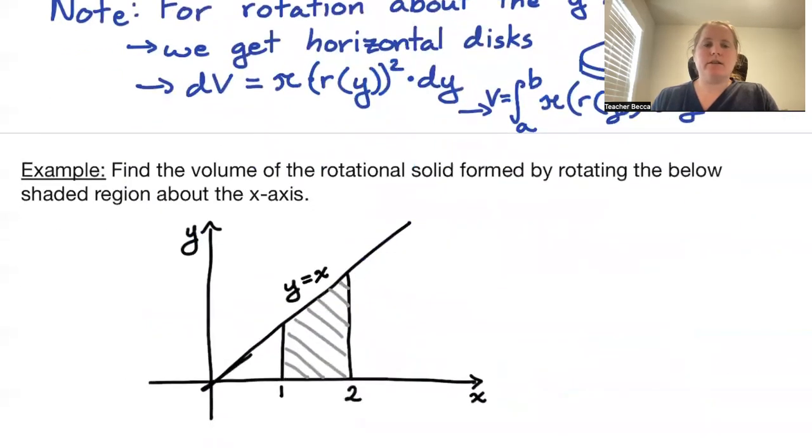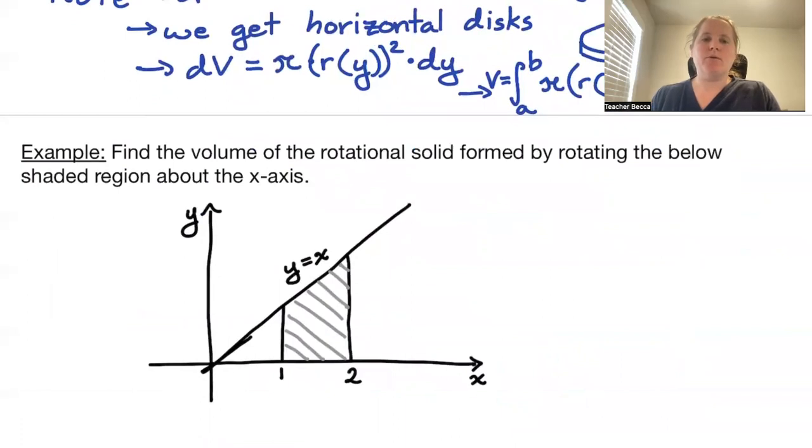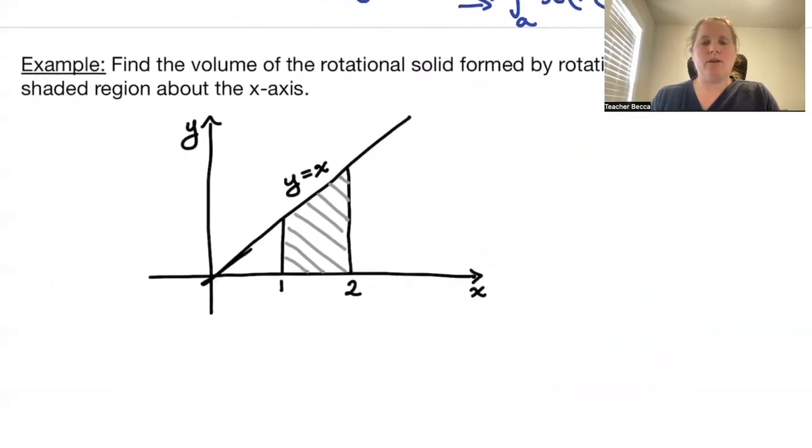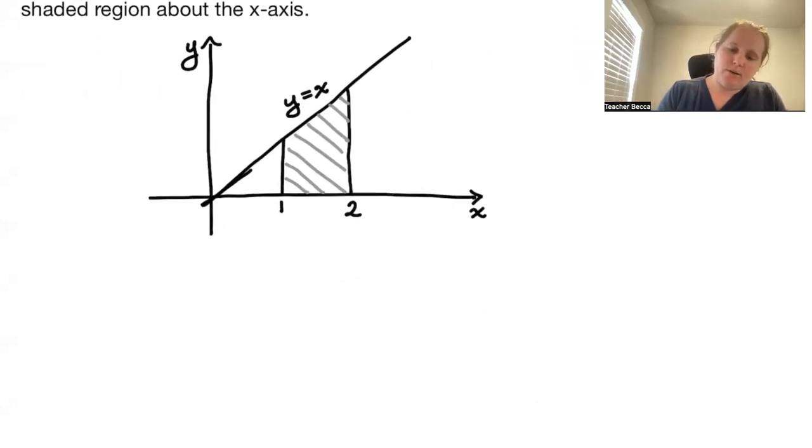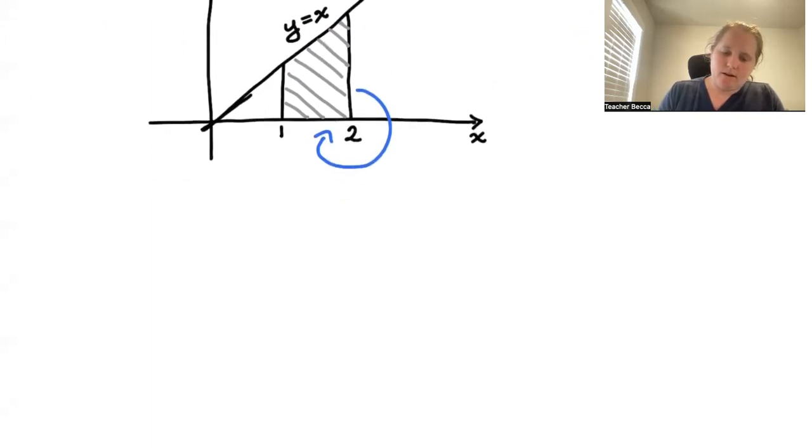So let's go ahead and take a look at an example. Let's find the volume of the rotational solid formed by rotating the below shaded region about the x-axis. So the shaded region we are working with is the region above the x-axis, below the line y equals x, between x equals 1 and x equals 2. So if we rotate this about the x-axis, then we will wind up getting a shape.